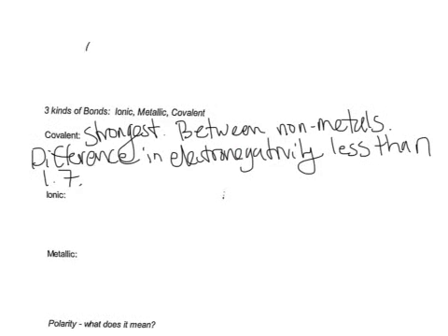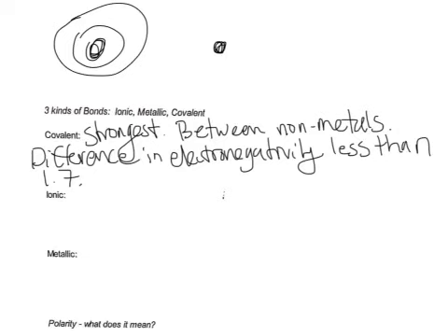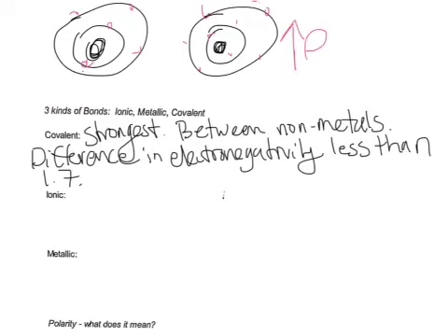So I'm going to draw a little picture. We're not talking about specifically what these are, but if this had a really high electronegativity, and this had a really low electronegativity, it means that this atom would be pulling on electrons.